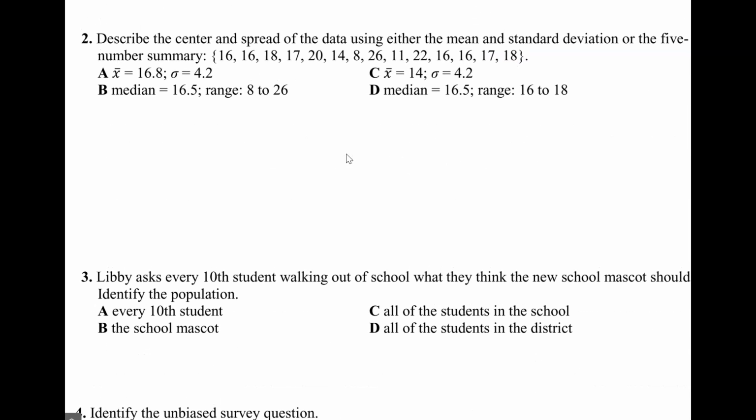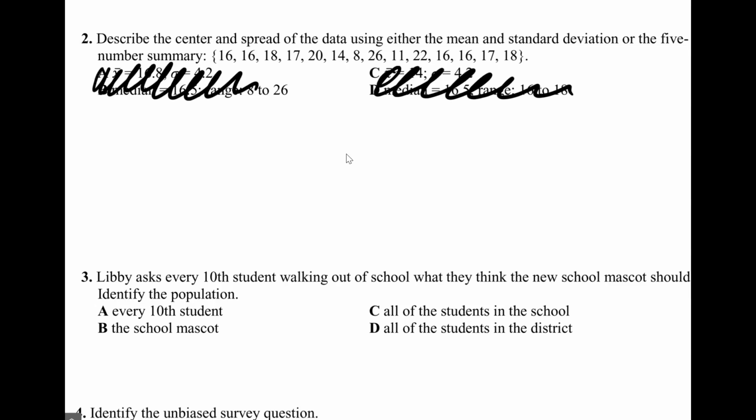All right, the way number 2 is going to be written is going to be the following. I'm going to say, I want you to find the mean, the standard deviation, and then the 5-number summary.